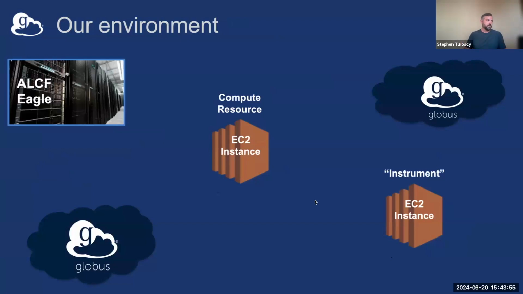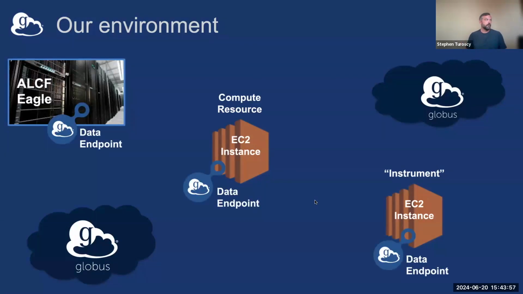It could be running on there too. Data endpoints. So we have a data endpoint at the instrument. We need to transfer that to another data endpoint, which is our compute resource, which does some analysis on it, which then sends it to our massive storage facility at ALCF called Eagle. So two separate transfers there.